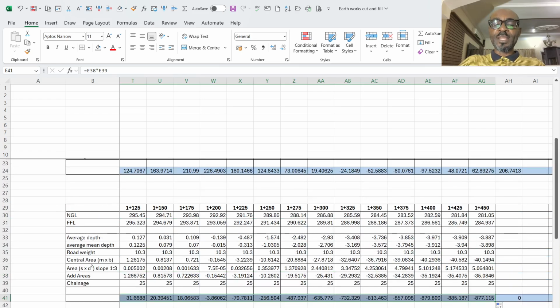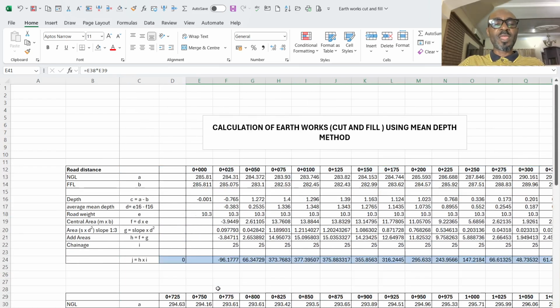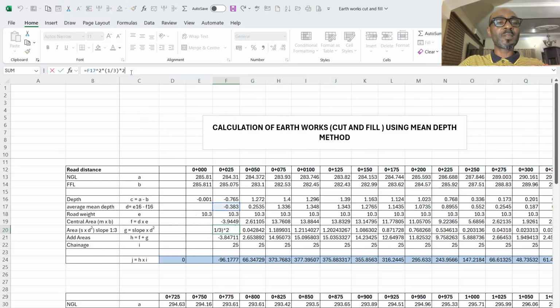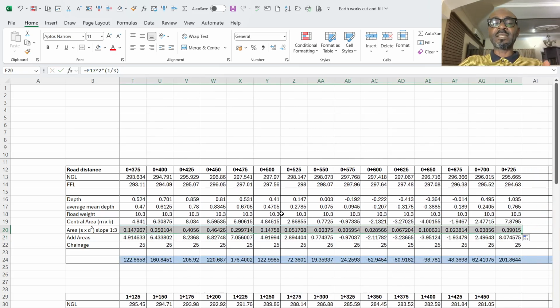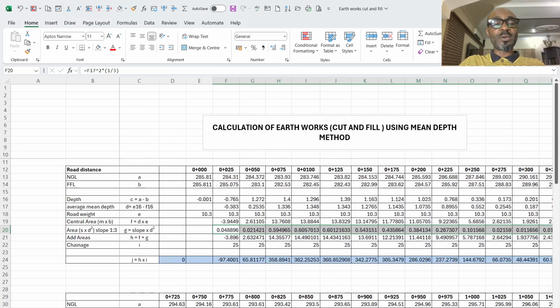So if you create one of these templates, like I said, that is why I am doing my own, taking each sheet separately.